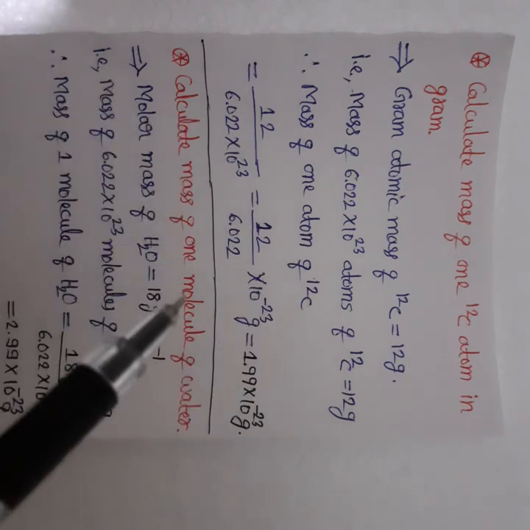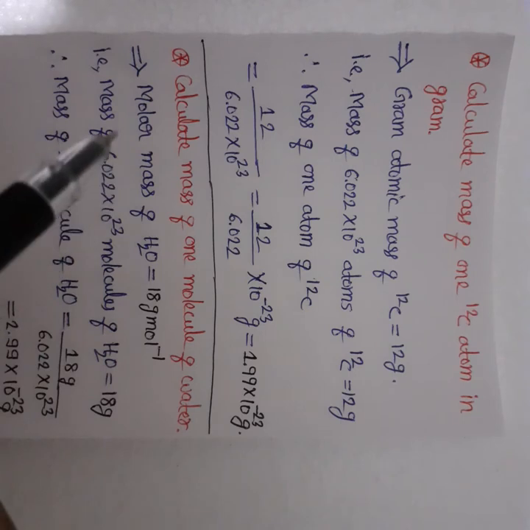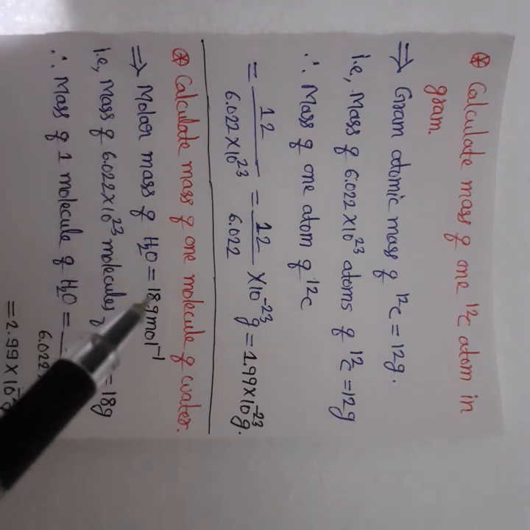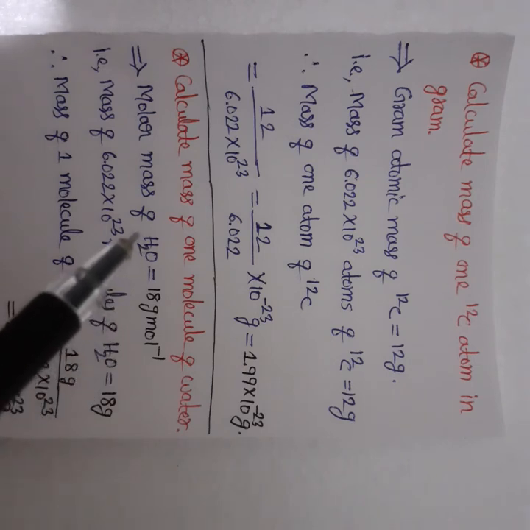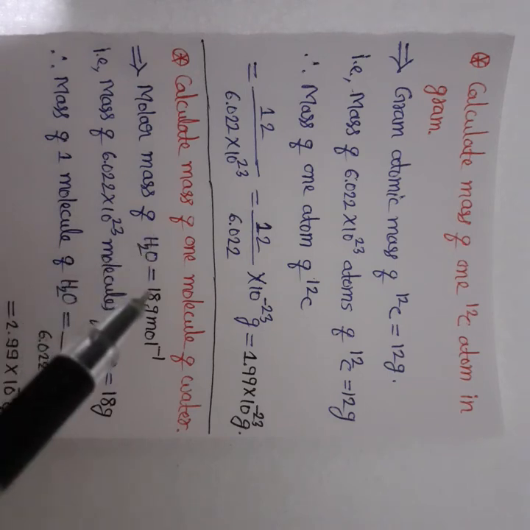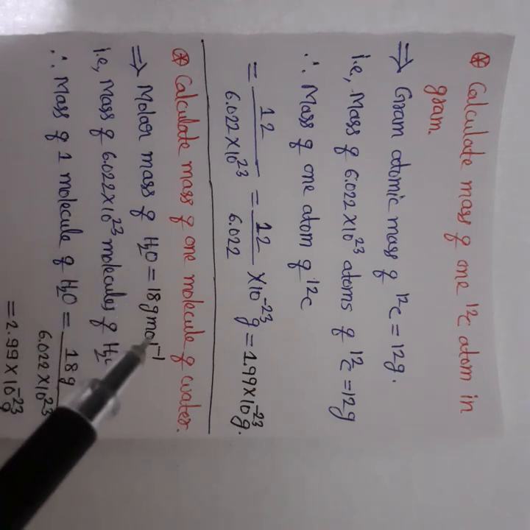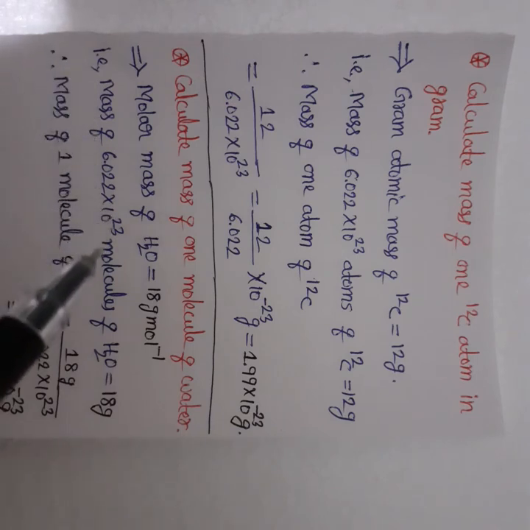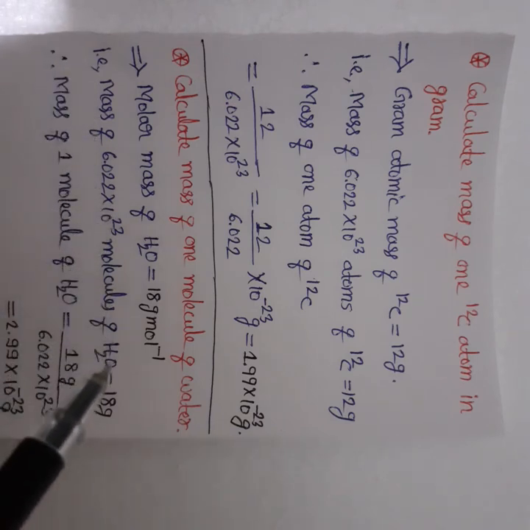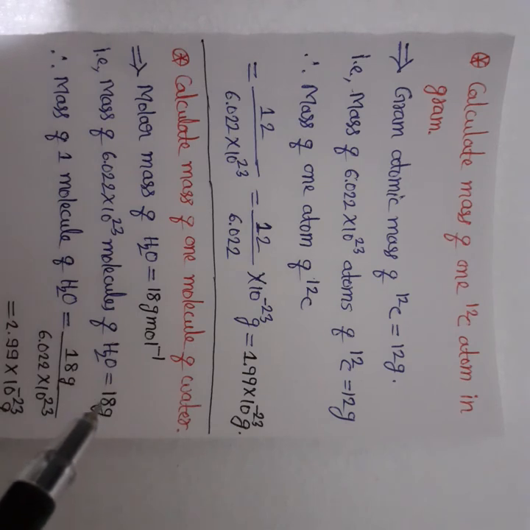Calculate mass of one molecule of water. We know that molar mass of water is 18 gram per mole. That is, oxygen is 16 plus 2 hydrogens are there, 2 gram. 16 plus 2 means 18 gram per mole. That is, mass of Avogadro number of molecules of water weigh 18 gram.